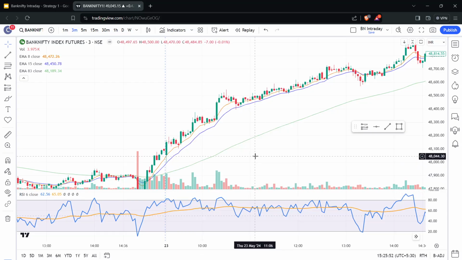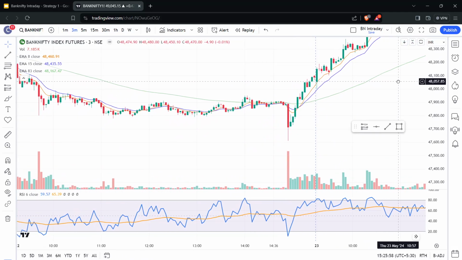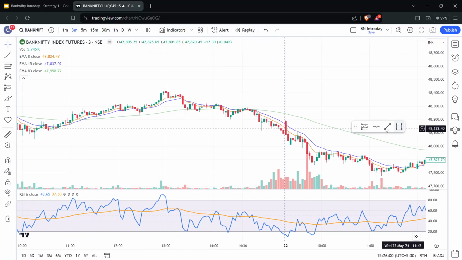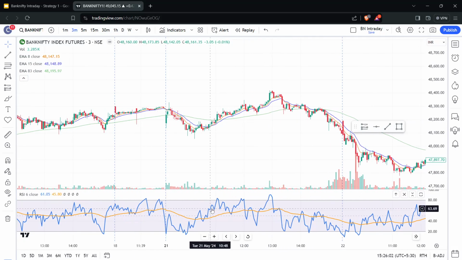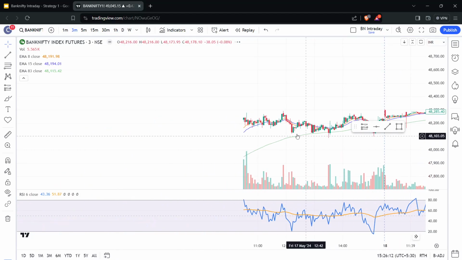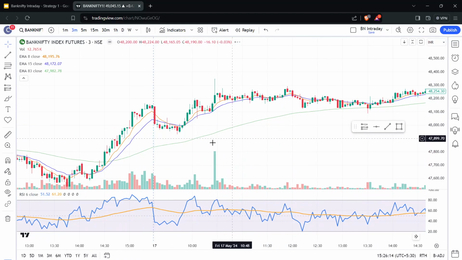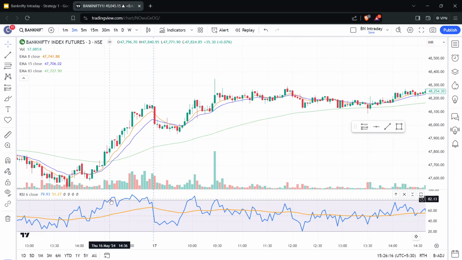right? So basically now we are going to enter in a pullback after a trend. So how do you define a trend? Whenever the RSI crosses the 80 line, this is an uptrend, and if it crosses below 20, this is a downtrend. That's it, right? We'll keep it very simple. So here it crossed the 80 line, and this is an uptrend.